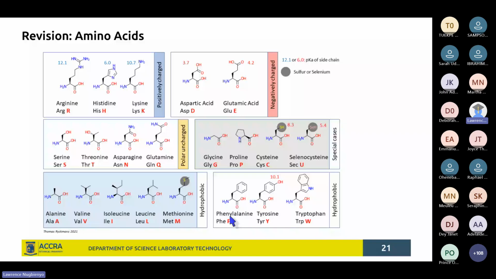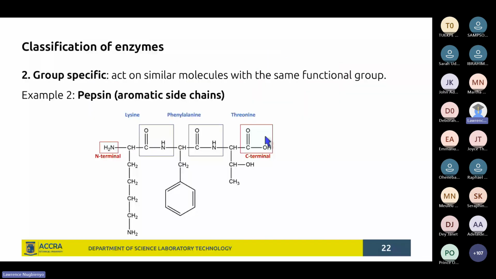Now, we did talk about an enzyme like pepsin. Now, pepsin is group specific. Group specific in what sense?